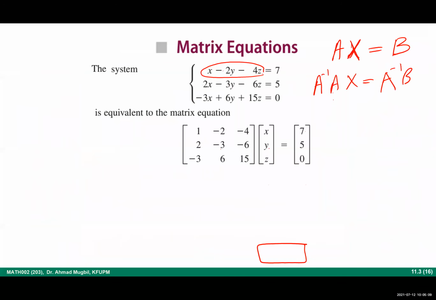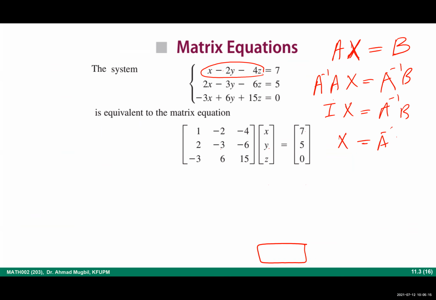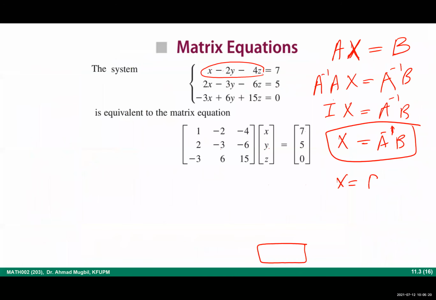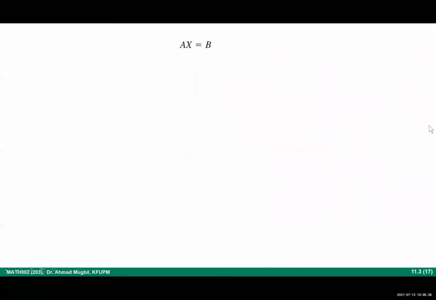Now A inverse times A is the identity. I times X is X, so X equals A inverse B. If you said that X is B A inverse, this is wrong. Be careful. It is here, by the way. I did it for you.